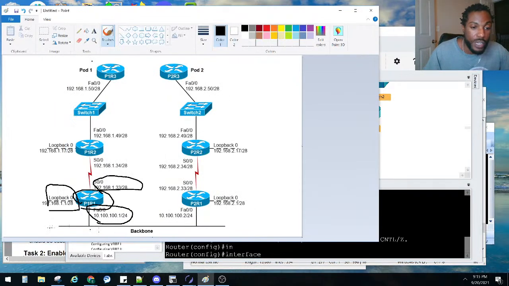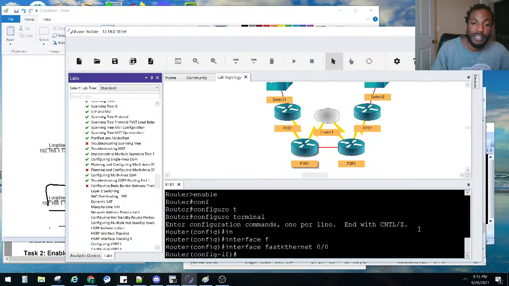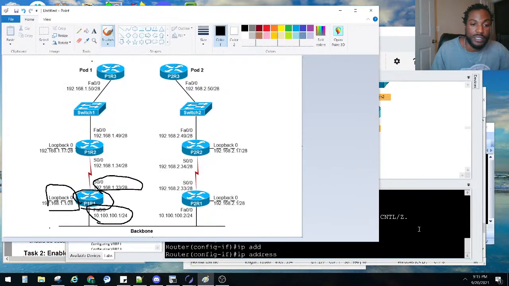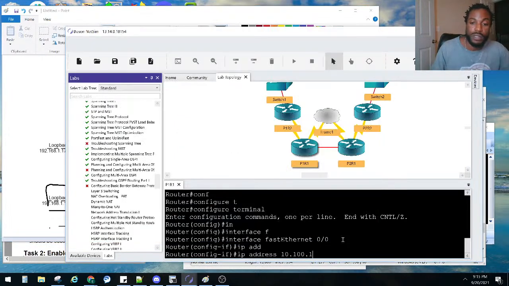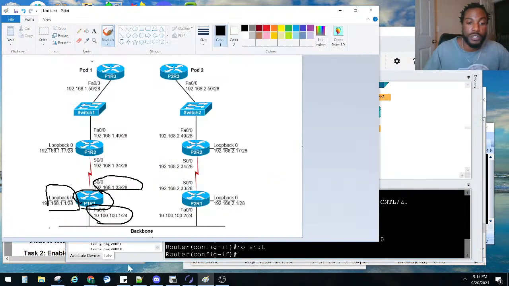So let's go from bottom to top. So the fast Ethernet interface first. Probably should have done this before, right? IP address is 10.100.100.1, with a /24 subnet mask, which is 255.255.255.0 like that. I don't think we have no shut, but we'll do it anyway.